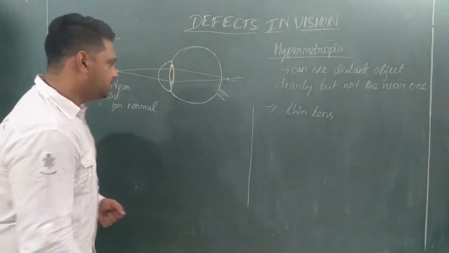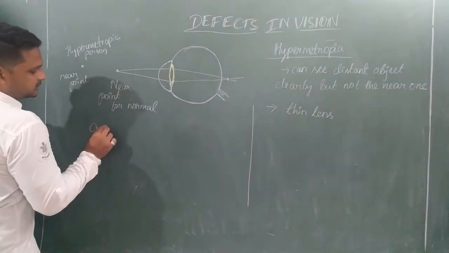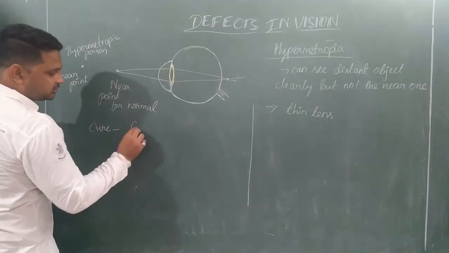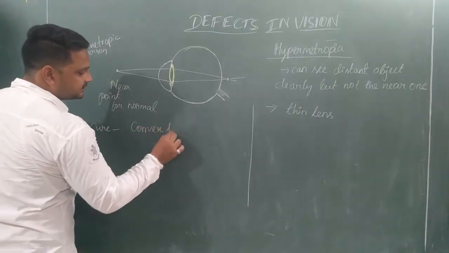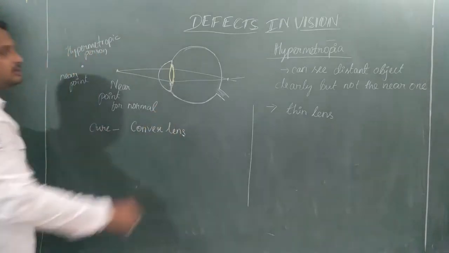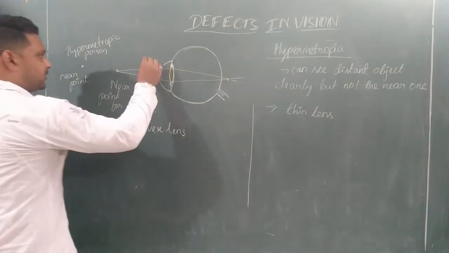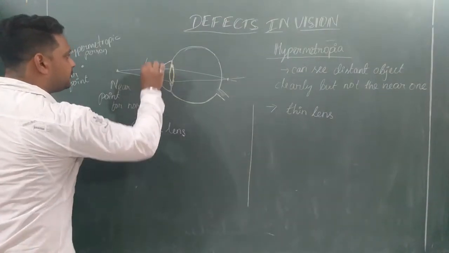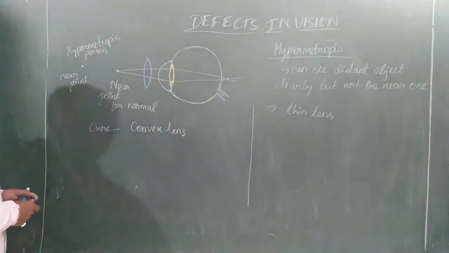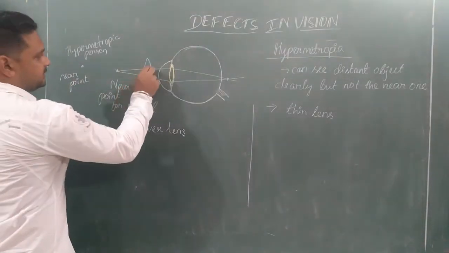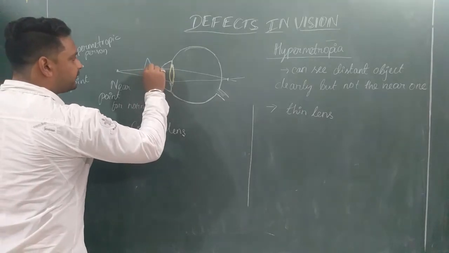How to cure it? Since it is the opposite of myopia, the cure is also the opposite. It is cured by using a convex lens. So what happens if a convex lens of appropriate focal length is placed here?